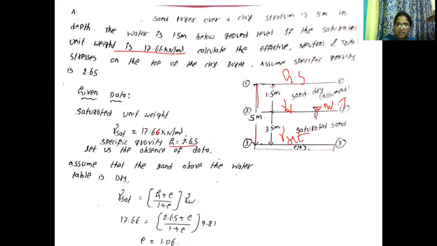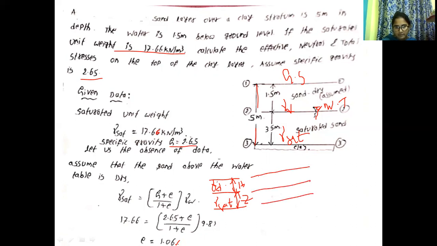Otherwise, in the beginning of the problem, we will draw the pressure distribution diagrams. Three layers, gamma d. So I can assume this one is H. Next is gamma sat into that particular layer Z. So we'll draw the diagrams.